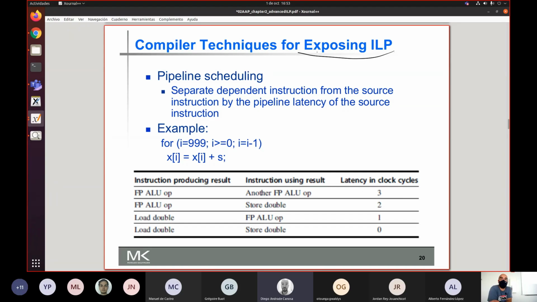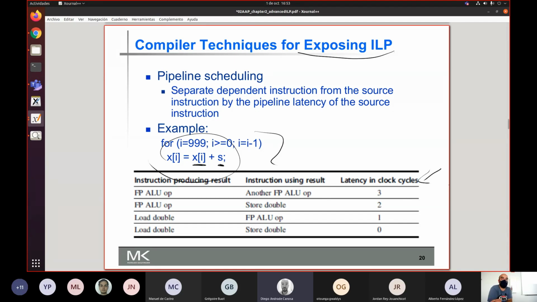So this is a code where I'm adding a value to each element of an array x. These are the latencies of the different instructions that are going to be involved in this code when it's translated into machine code, and this could be a possible implementation.